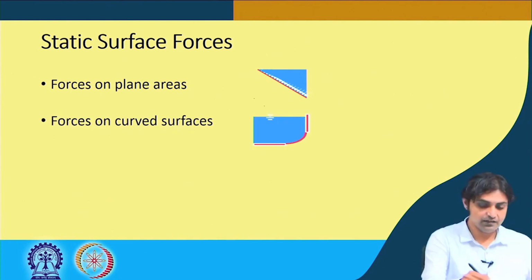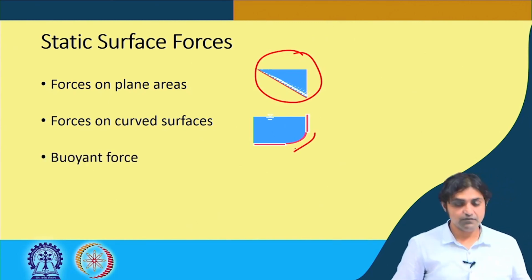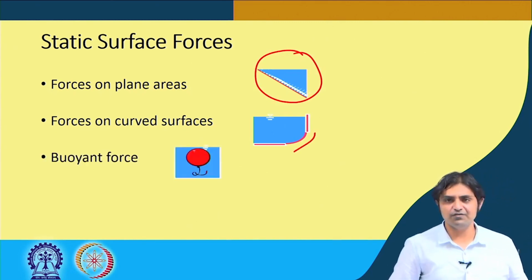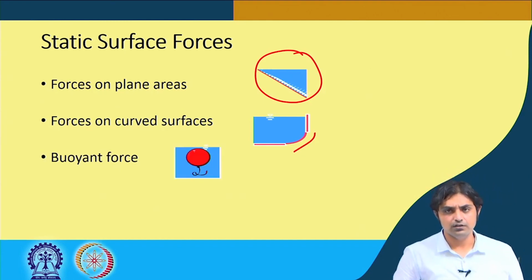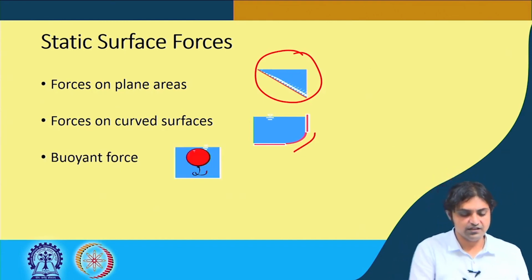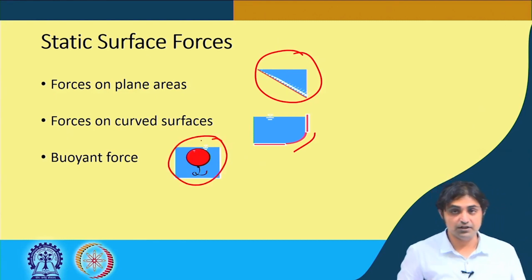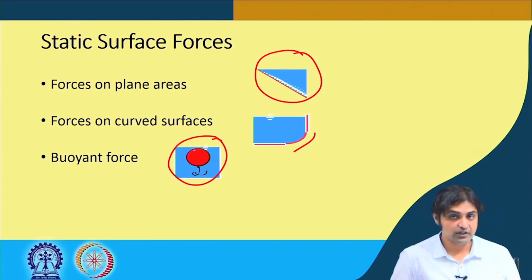We also will see the buoyant force, a very small detail of it, but I think this is very necessary. If we are teaching basics of fluid mechanics in this course, buoyancy is an important concept that everybody must be aware of.